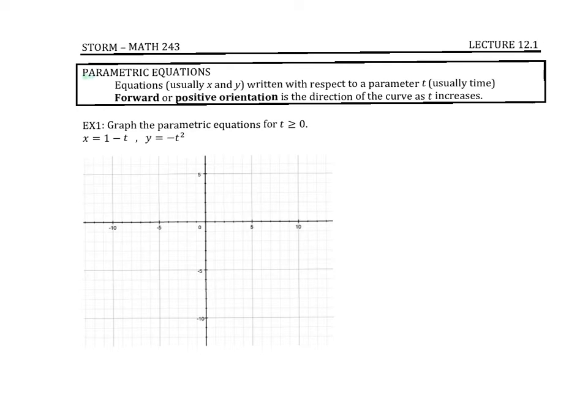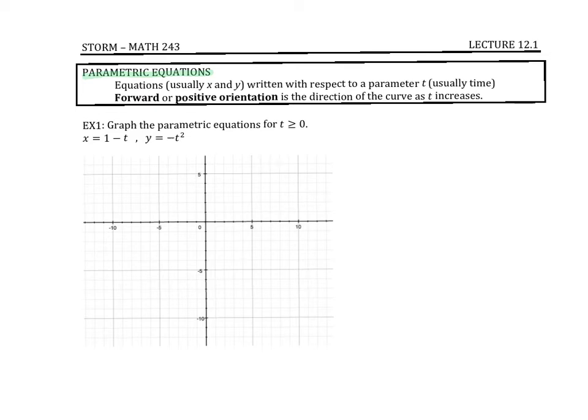So parametric equations are just equations that are written in terms of a parameter, usually t, and for practical purposes t usually stands for time. So for any value of t, we'll get corresponding x and y coordinates.